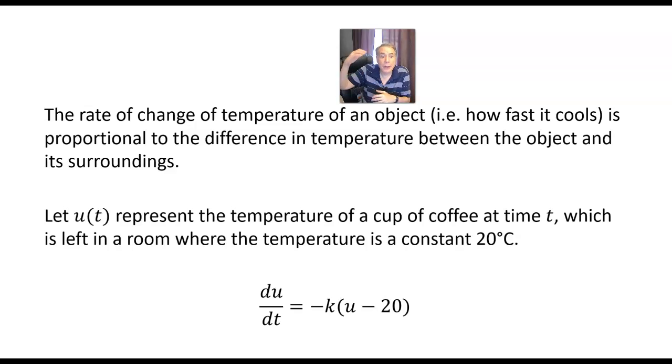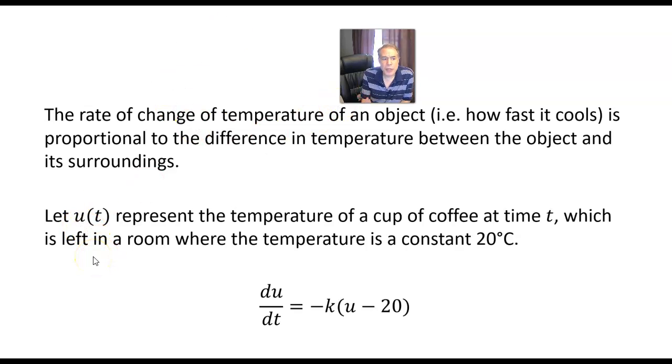If it's very close to its surroundings, it's going to change a little bit, fairly slowly, to reach the same temperature as the surroundings. If it's much hotter than the surroundings, it's going to cool way down pretty fast. And if it's colder than its surroundings, its temperature is going to rise. It's going to get hotter until it reaches the temperature of its surroundings.